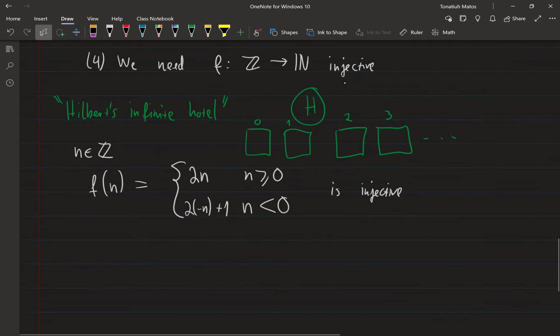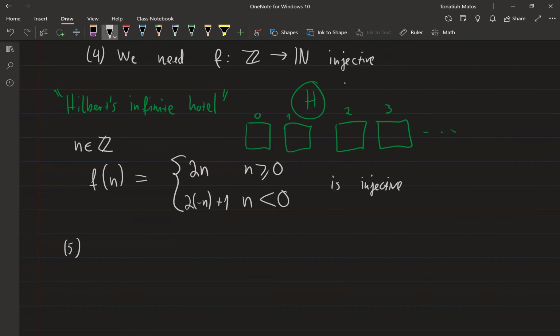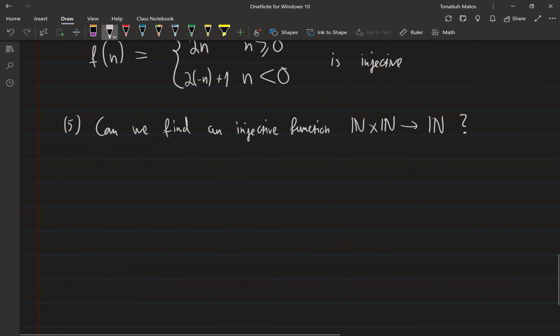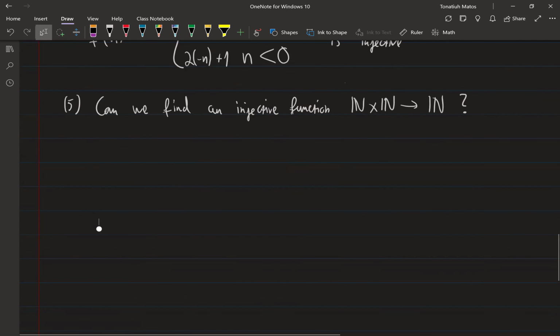Actually, why don't we go ahead and solve it right now? Can we find an injective function from n cross n to n? That's weird, right? Because now we have all these pairs.